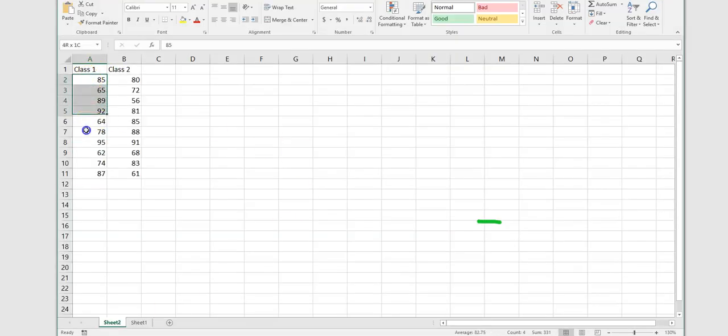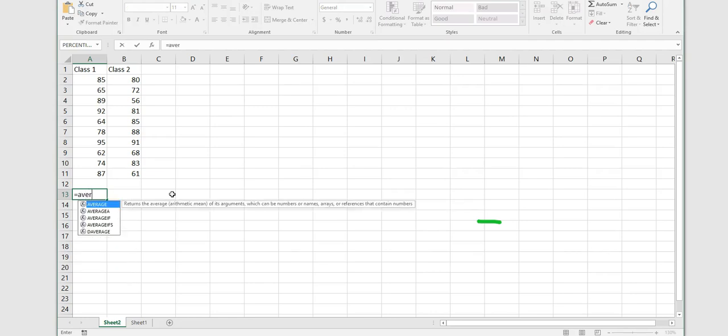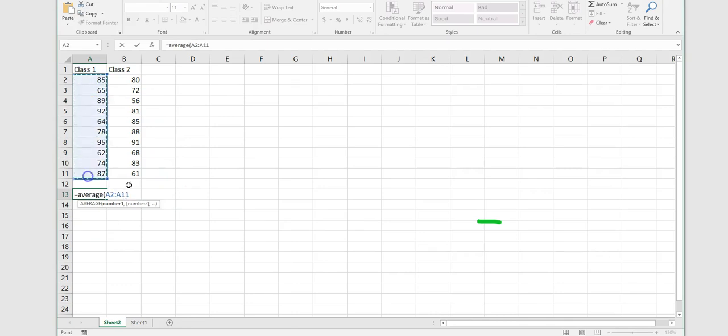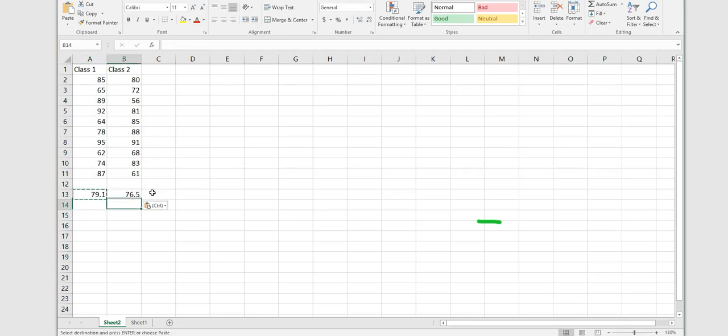Here we have our sets of scores for each class. Down here for class 1 and 2, we have to calculate the mean and the standard deviation. We'll do the mean for this class, and that comes out to be 79.1. Then we'll just copy that over, and the mean for our other class is 76.5.